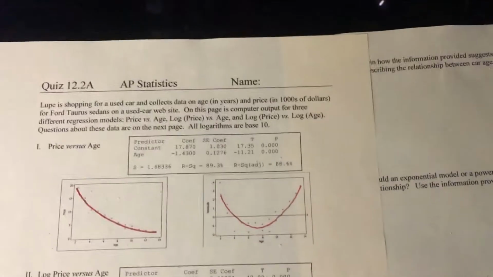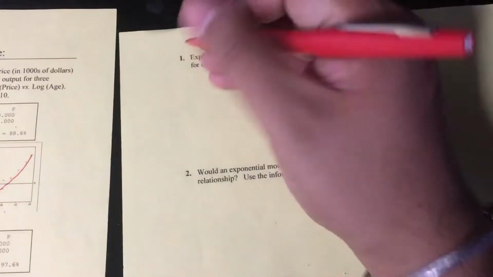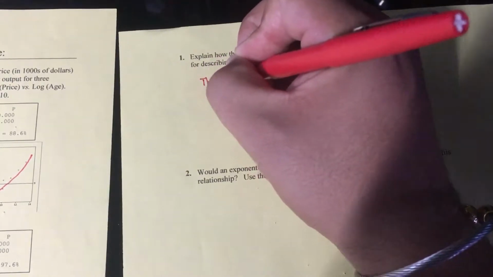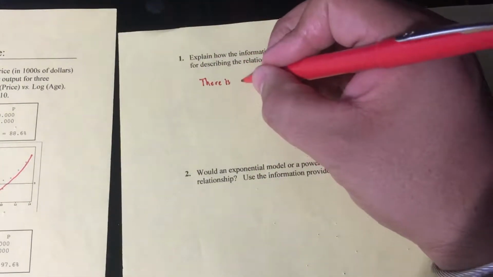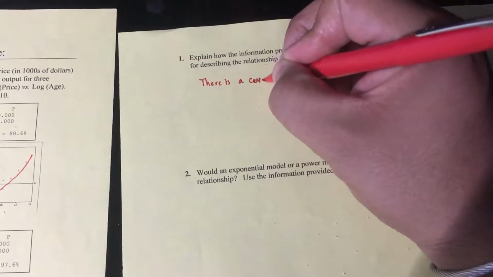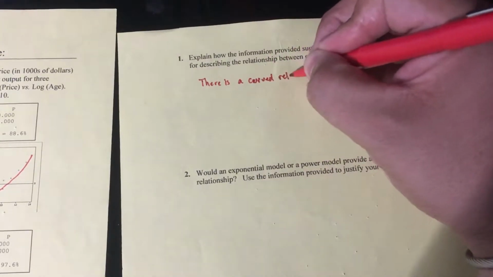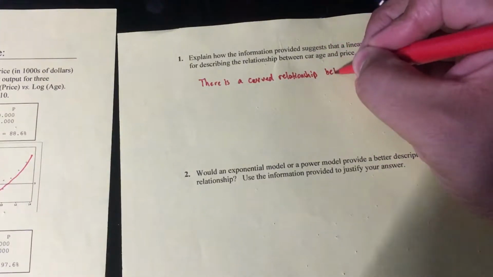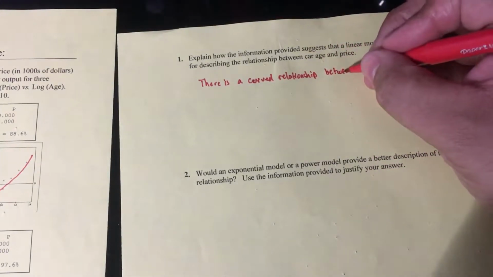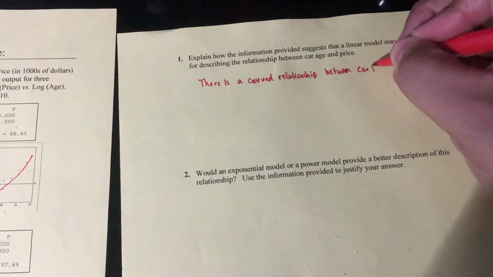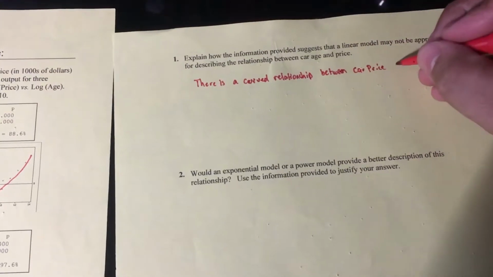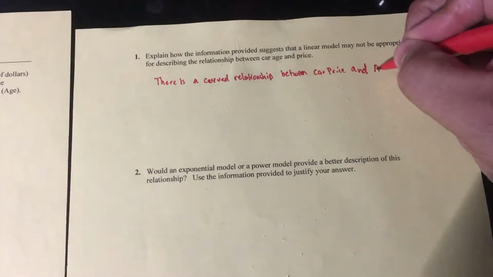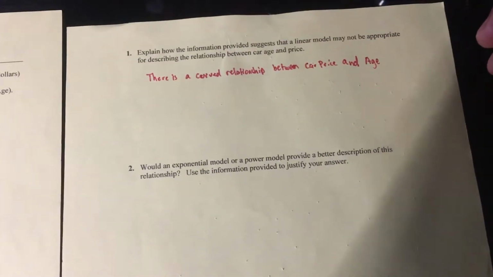So we could put that there is a curved relationship between car price and age.